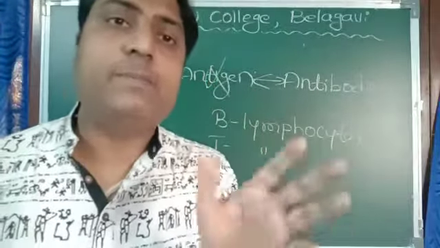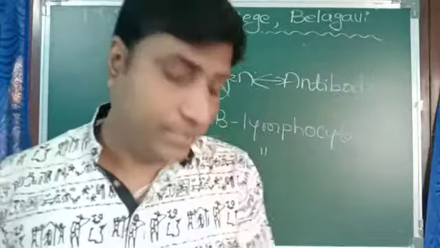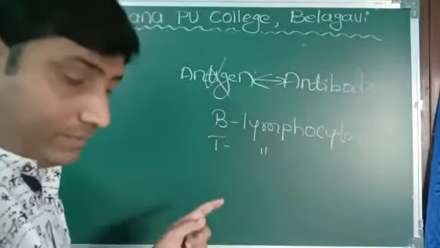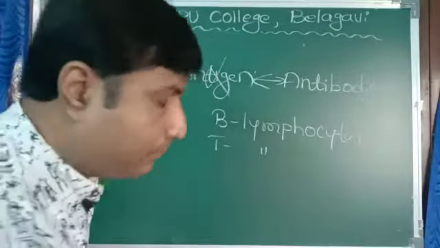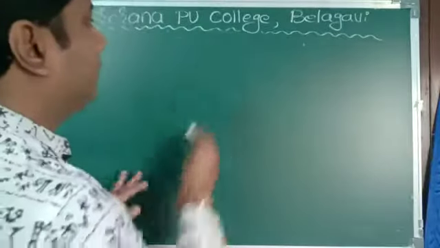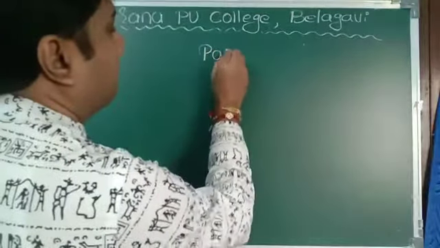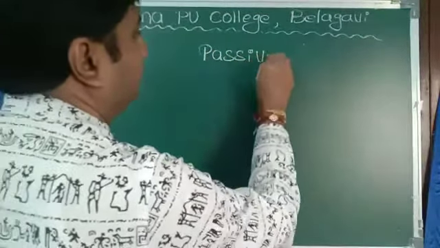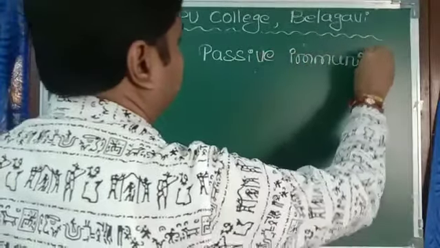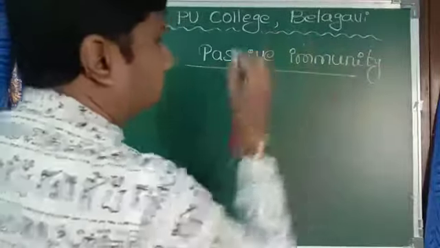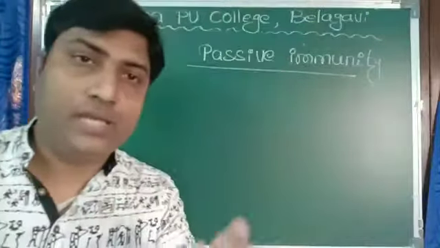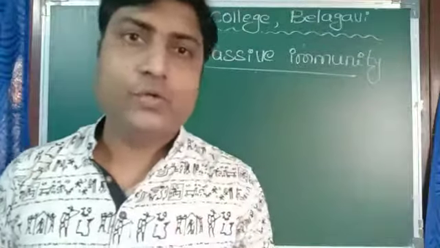There is one more called passive immunity. What is passive immunity? Within acquired immunity, there is one more method called passive immunity. Passive immunity means ready-made antibodies are sent into our body, like colostrum.